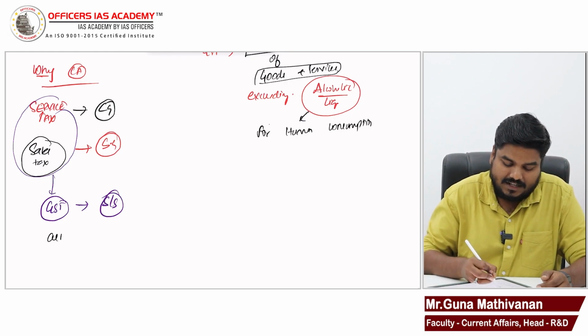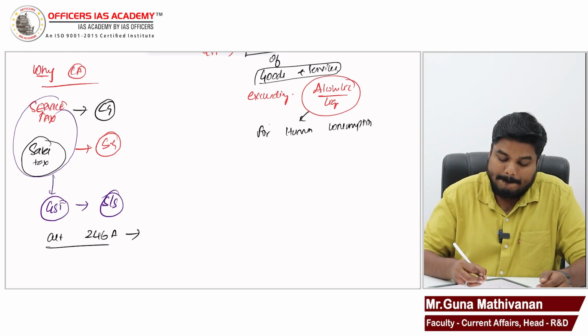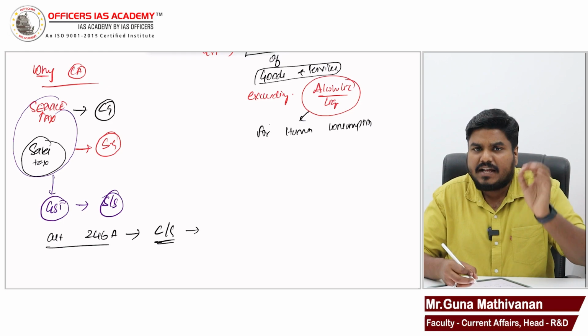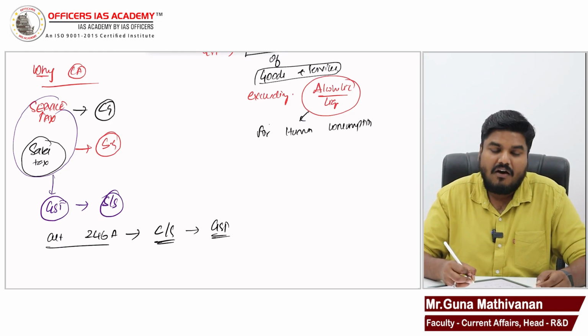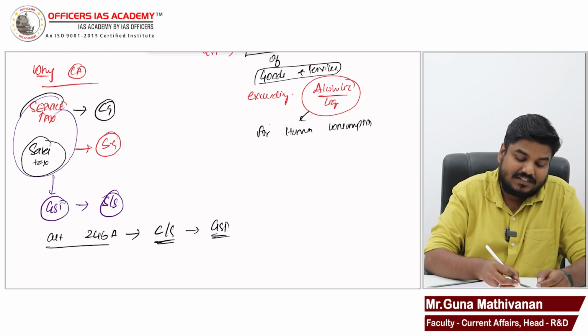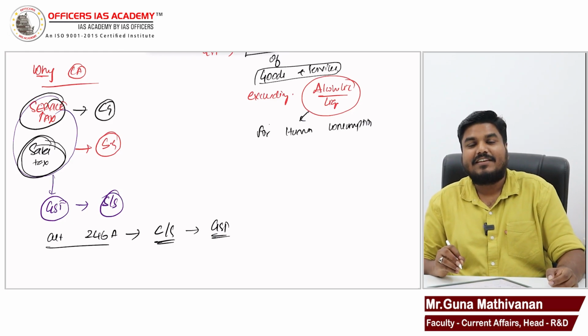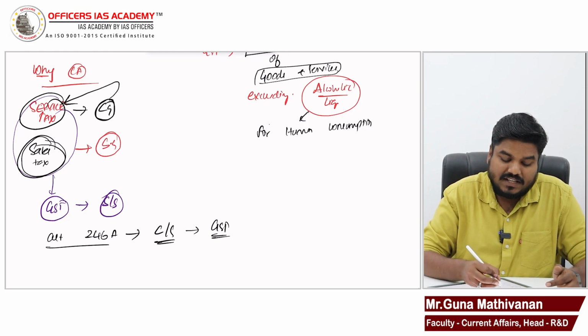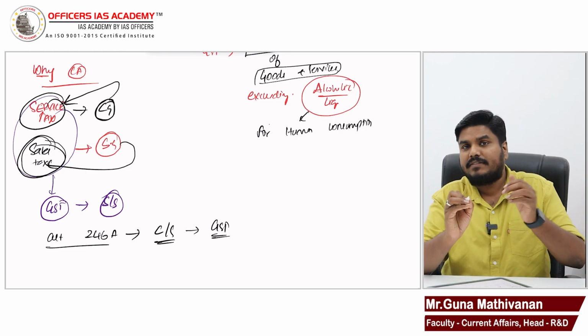Article 246A empowers both center as well as state to levy and collect GST on many indirect taxes, including service tax and sales tax. See, before GST, the central government had complete authority on service tax, and the state government had complete authority on sales tax.